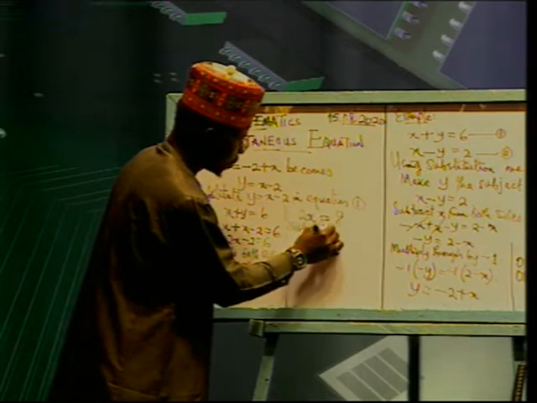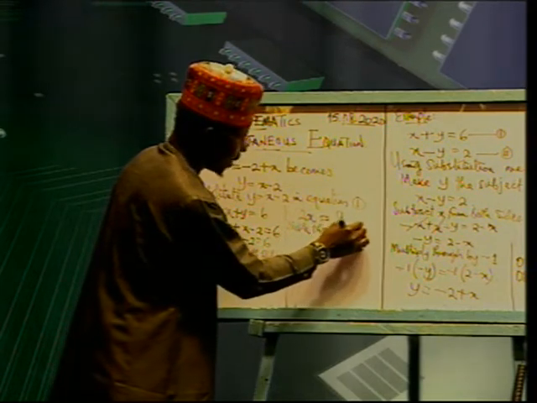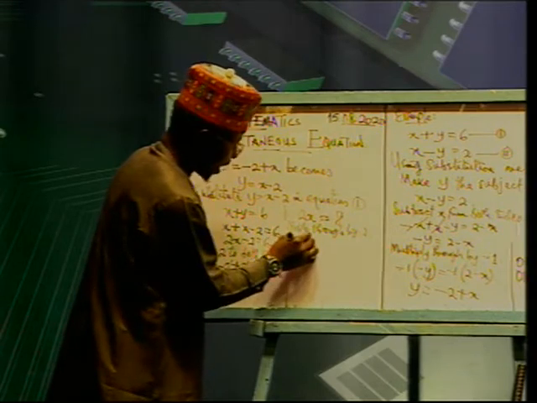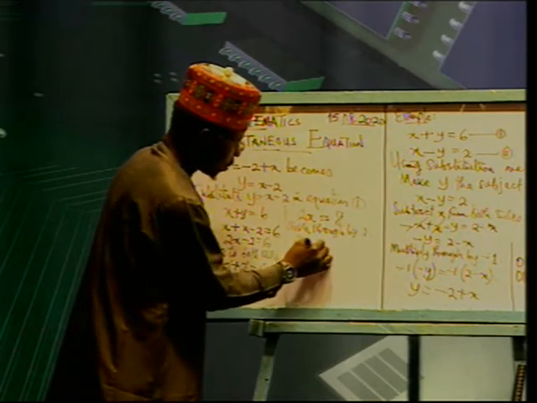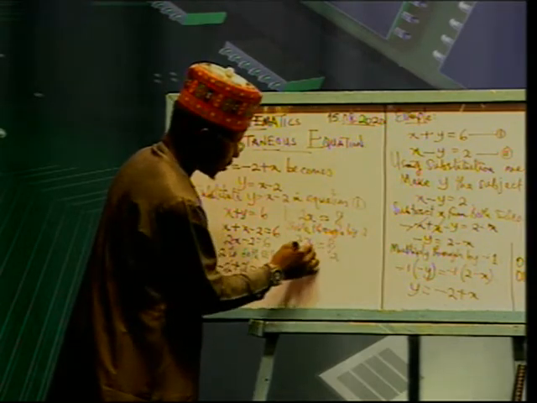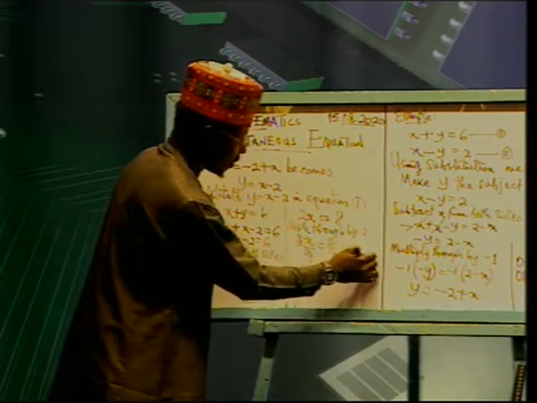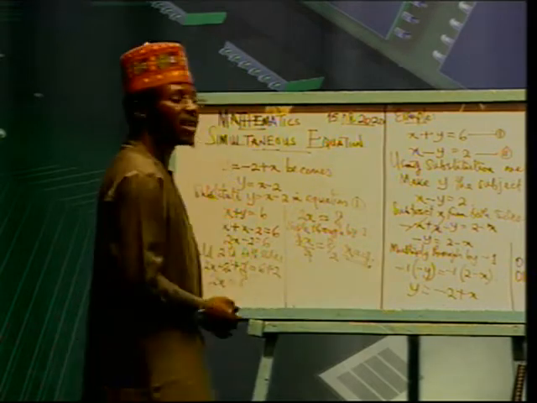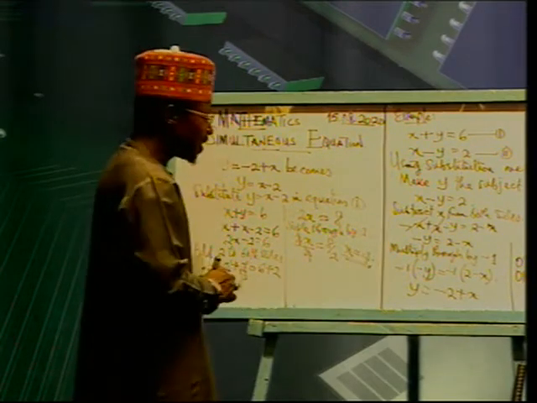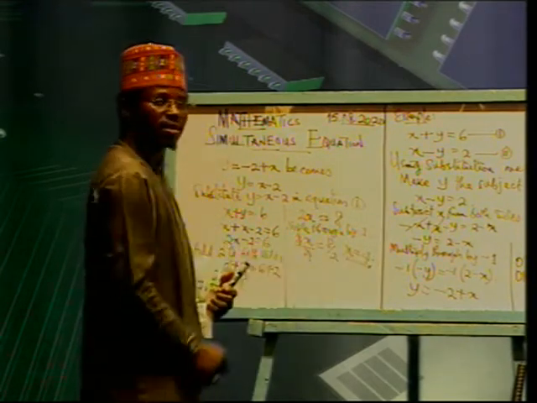So now we have 2x divided by 2 equals 8 divided by 2. 2 will cancel 2. x will be equal to 8 divided by 2, which gives you 4. This is your answer. Now, this is the original value of x.